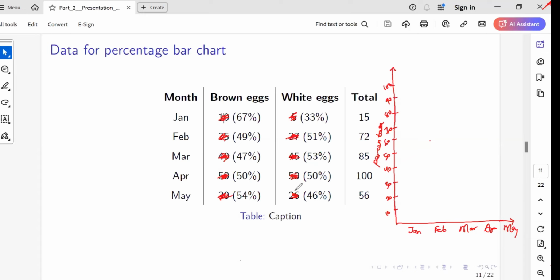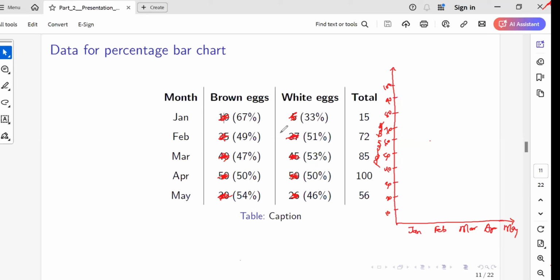So for January, one thing you should know is that if you add 67% to 33%, you're getting what? 100%, right? So if you sum the percentages for each row, it will all come to 100%.